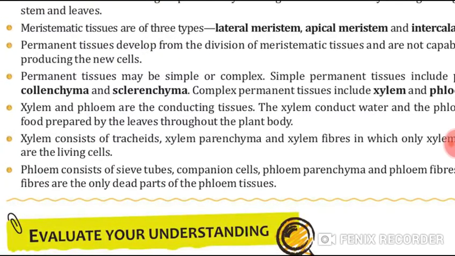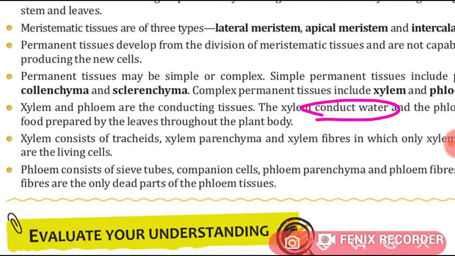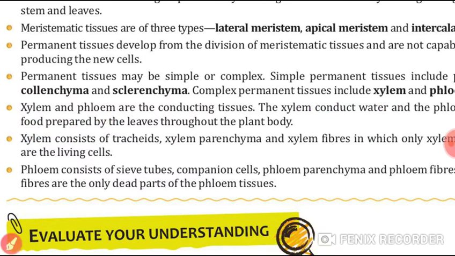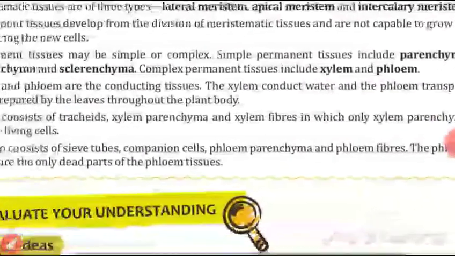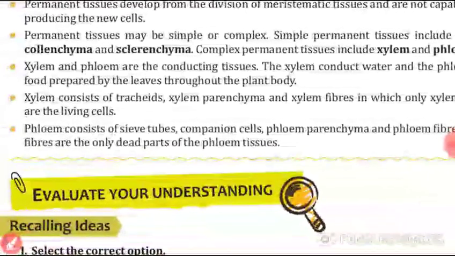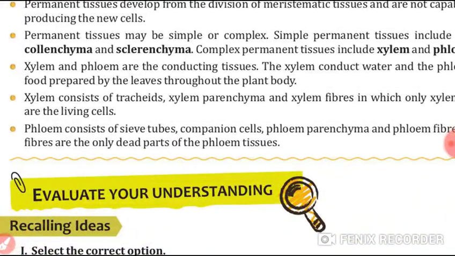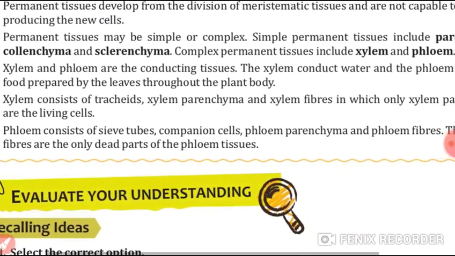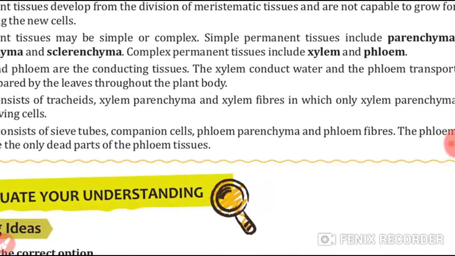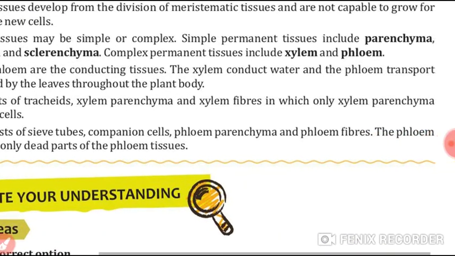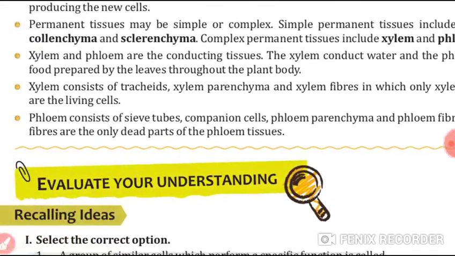Xylem conducts what? Water. And phloem conducts what? Food prepared by the leaves throughout the plant body. Xylem consists of tracheids, xylem parenchyma, and xylem fibers. From these three, only xylem parenchyma is a living cell.